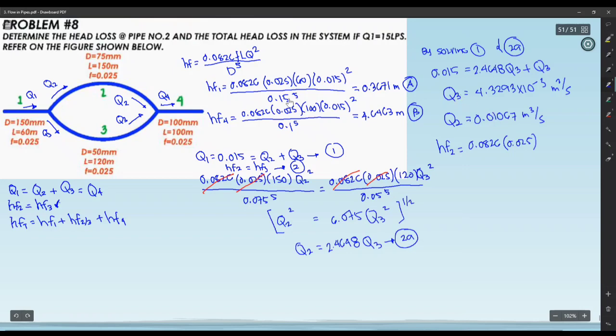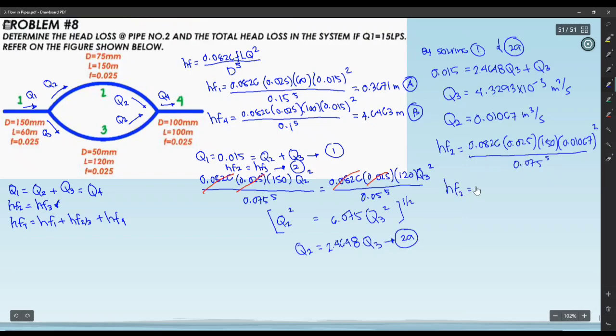And then multiply by the length of the pipe, 150. Times yung flow rate niya. So ang gagamitin natin is ito. So 0.01067 raised to 2 over the diameter of the pipe na 75 or 0.075 raised to 5.